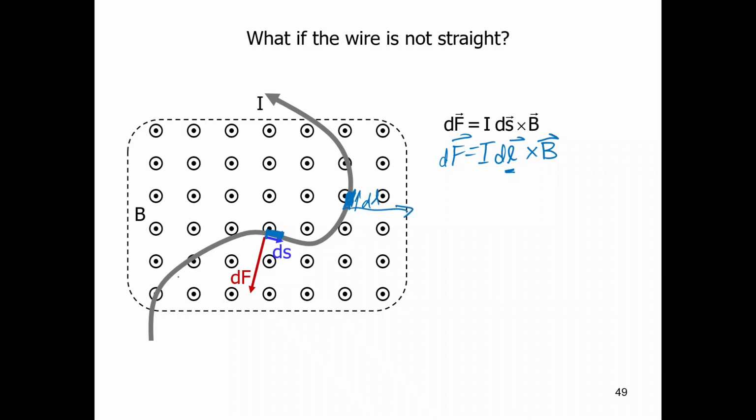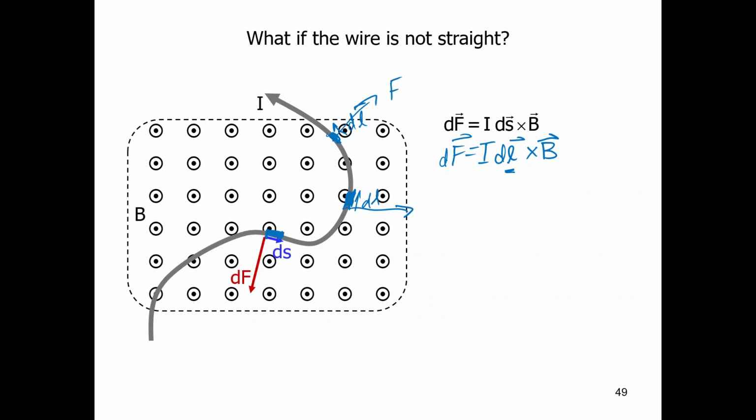Or if I was to pick a different part over here, every little different part is going to give you a slightly different direction for that. So I'm going to have my dL, and then I can use that cross product, and I could find that that force is going to be like that.